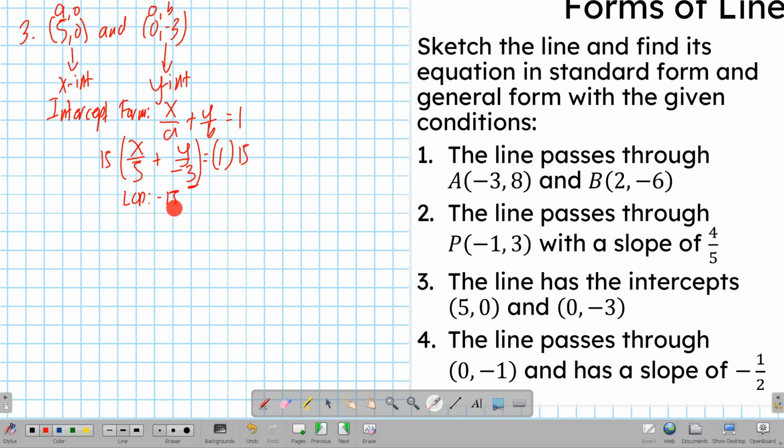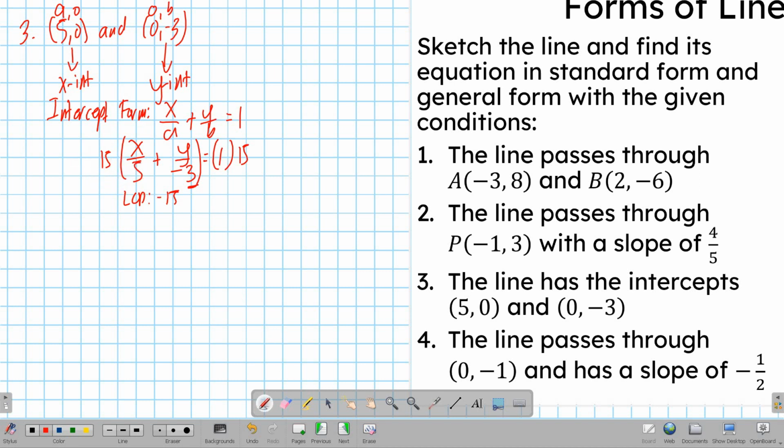Uulitin ko lang, ang tamang LCD ay negative 15 at pwede nyo namang diretsohin na yung multiply both sides by negative 15. Pwede yun. However, para mas mabilis, alam ko na pag nag-multiply ako dito ng negative, magna-negative to, pero ang gusto natin, ang convention ay positive, gawin natin tong positive. Mag-multiply na ako ng positive 15.